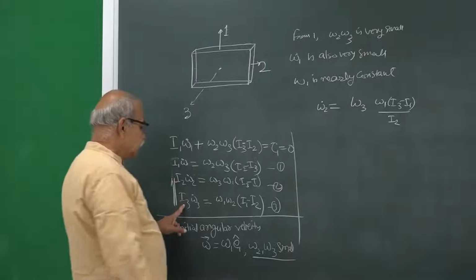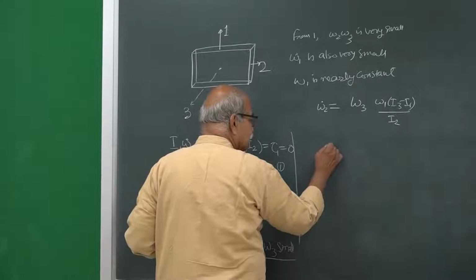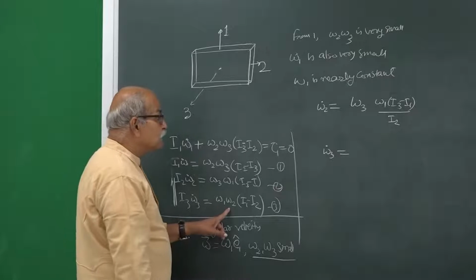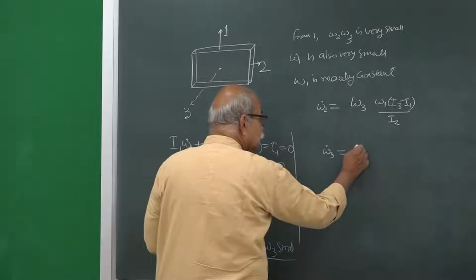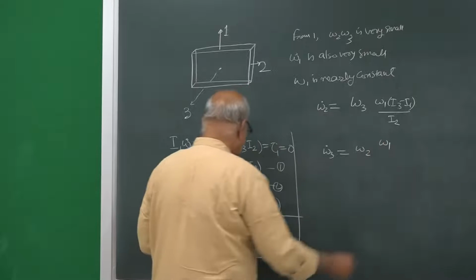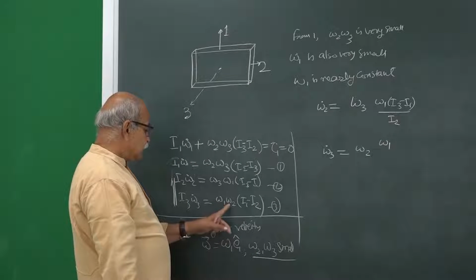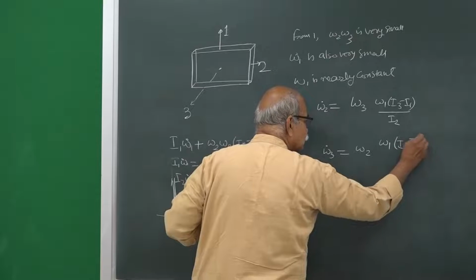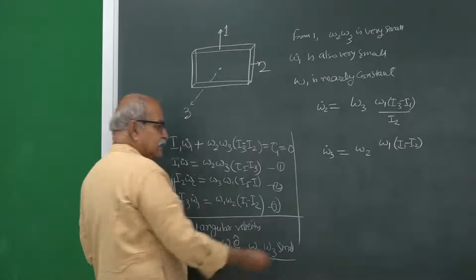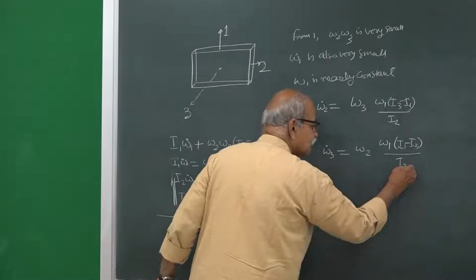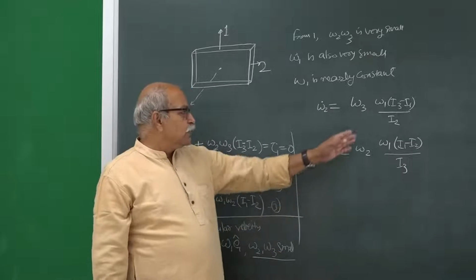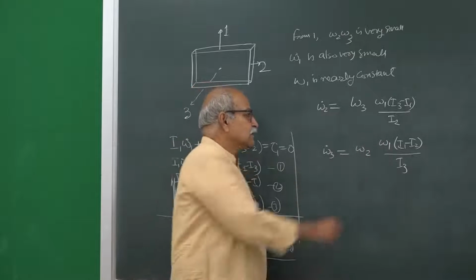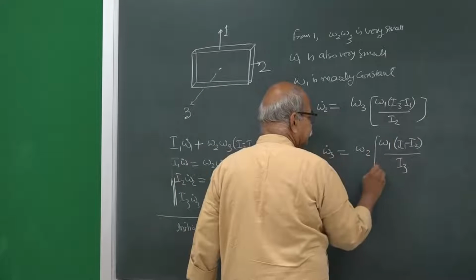And from here you have omega 3 dot equal to omega 1 omega 2 (I1 minus I2) divided by I3. So, these are the equations, and omega 1 is nearly constant. That is why I have written it in this bracket.